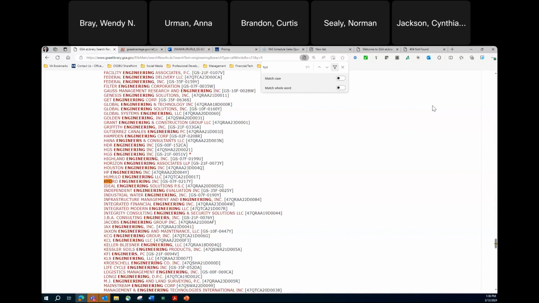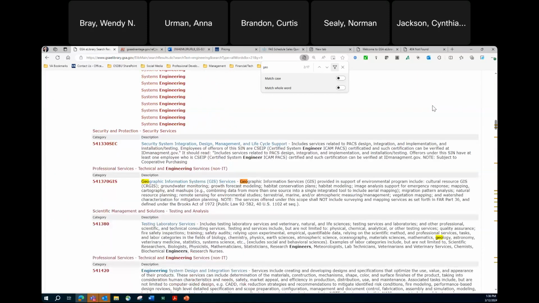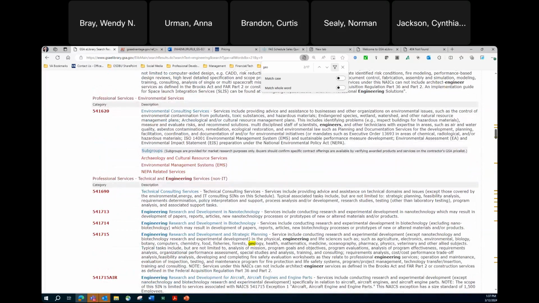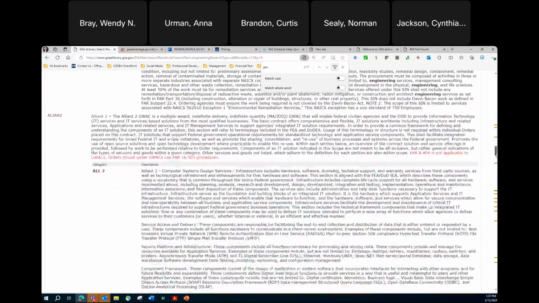Maybe there's no other hydro engineering. What about geographic information systems as an engineering? I see it's available here. And it will be geology. So I could do it that way. I could also just type geology or geographic at the top.